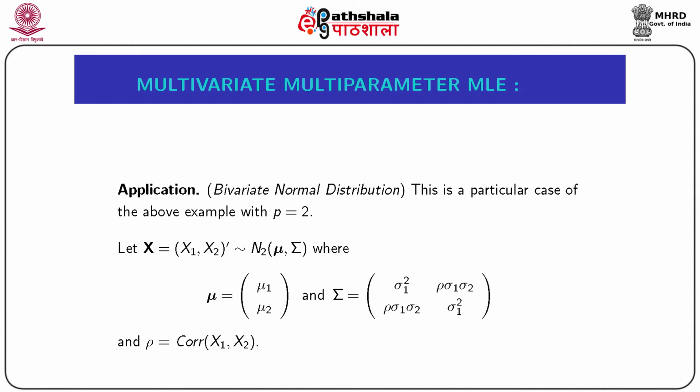N2 denotes bivariate normal, and here mu denotes a vector of two elements mu1 and mu2, and sigma is a 2 cross 2 matrix whose diagonal elements are sigma 1 square and sigma 2 square, and the two common off diagonal elements is rho sigma 1 sigma 2, where rho denotes the population correlation coefficient between x1 and x2.